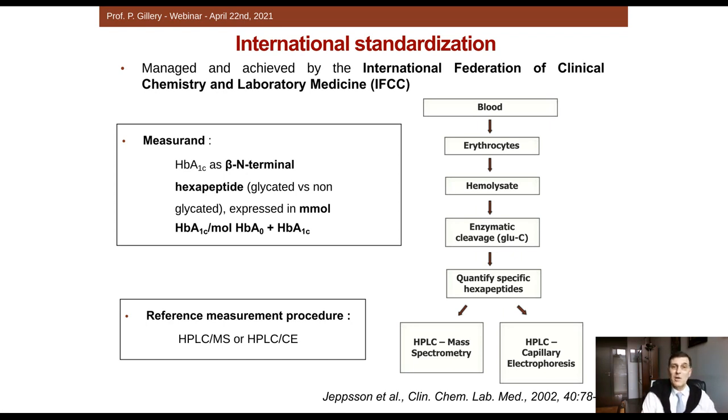The reference measurement procedure was also described. Hemoglobin was digested by a specific enzyme, which allowed to quantify specific hexapeptides by LC coupled to mass spectrometry or capillary electrophoresis.